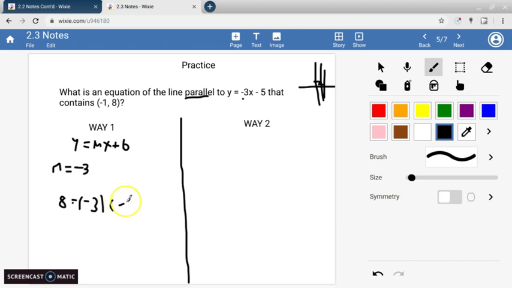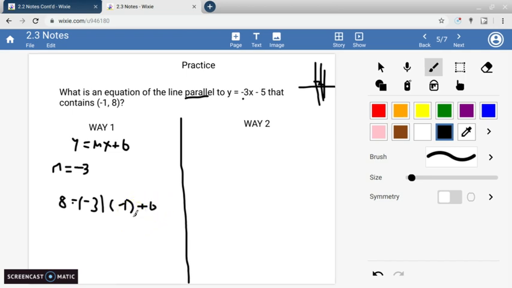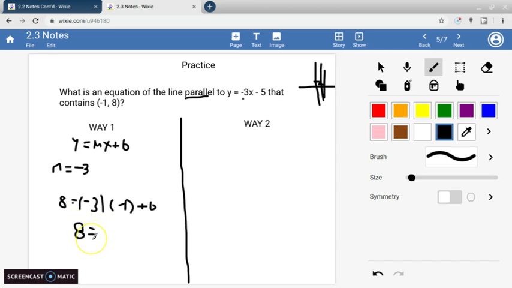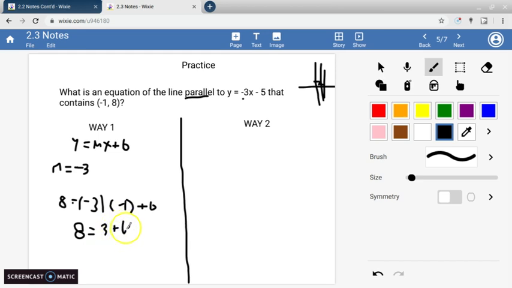The x is the negative 1, and then the y-intercept is actually going to be what we're solving for. So that's what we do. Now we solve as much as we know. 8, and then what is negative 3 times negative 1? Well, negative times a negative is a positive, and that happens to be positive 3, which then we still have plus b. And then from there you could do minus 3, and then we see that b is 5.